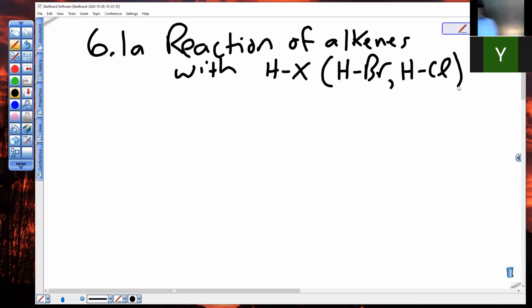Not exclusively. HI is often used. HF is not going to work. It's not a strong enough acid. Another way to say this would be what happens to the molecule. You add a hydrogen and you add a halogen.